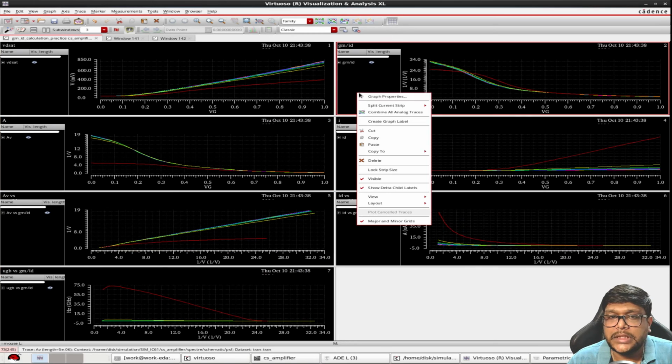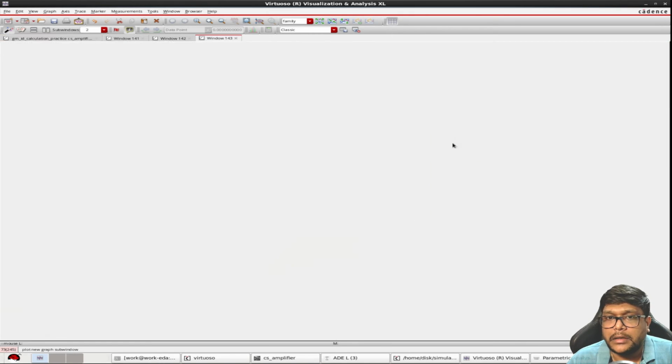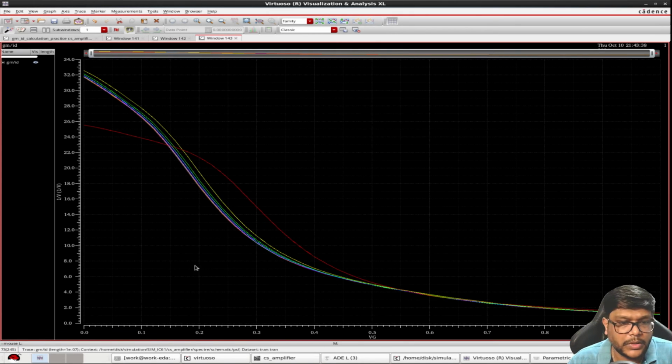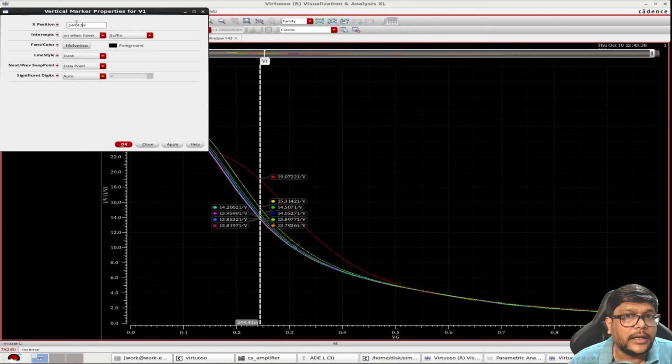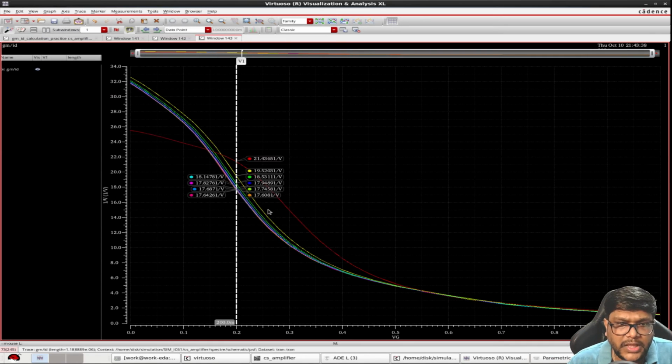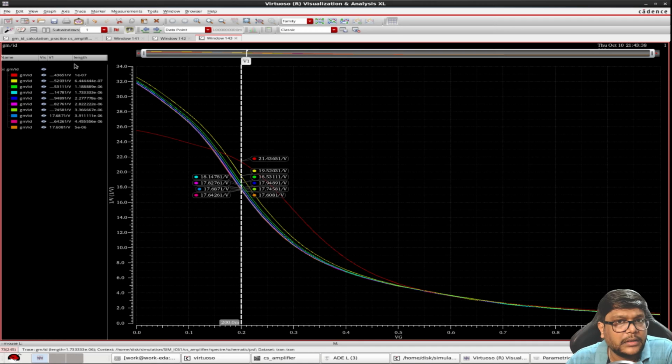So what is the GM by ID at 208 millivolt, or less than that? Our GM by ID is 17. We have to take that one. We cannot take 21. So 17, the lower GM by ID.